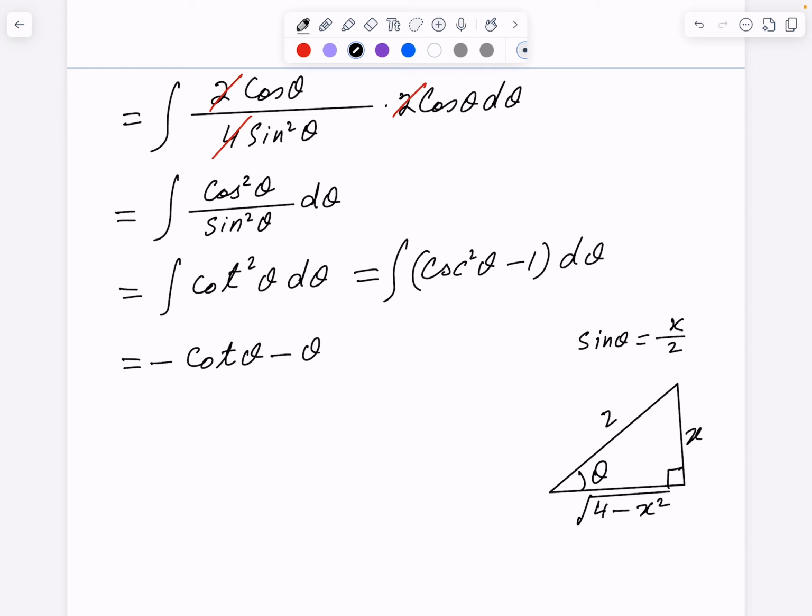And now cotangent, this is minus. Cotangent is adjacent divided by opposite.